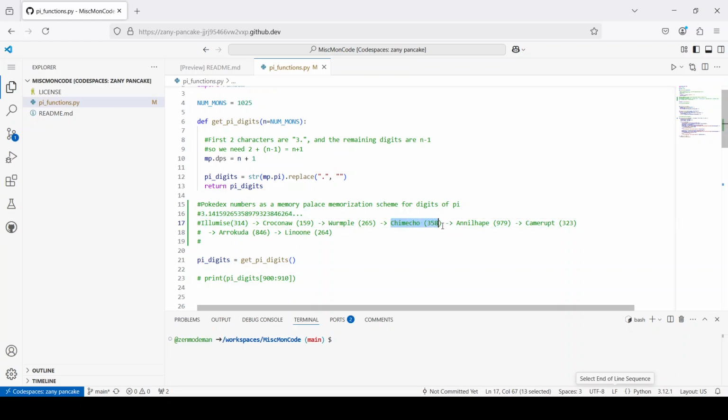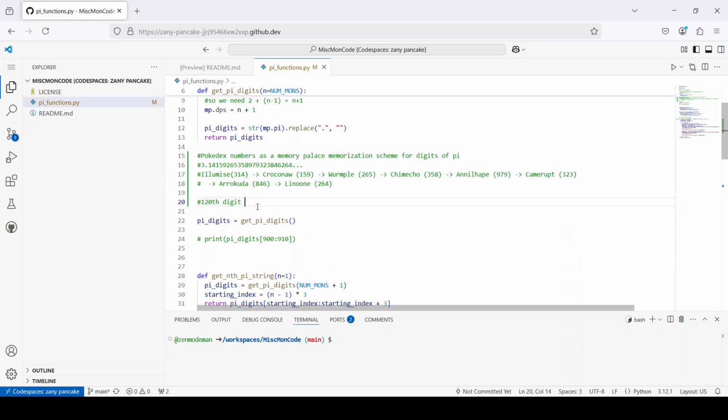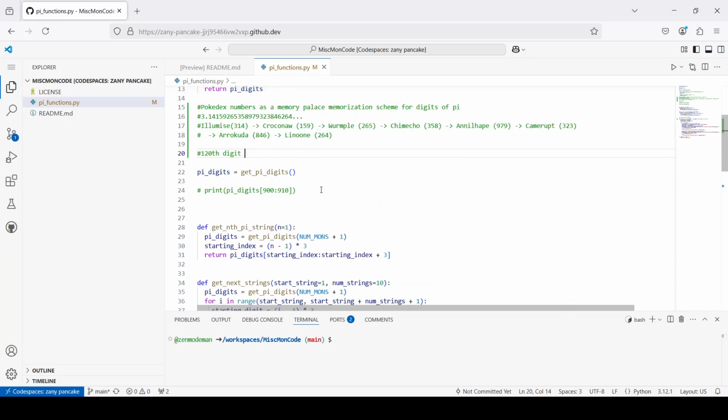Chimeco is the fourth memorization string. Each memorization string gives me 3 digits. So let's say I want to mentally map the 120th digit.